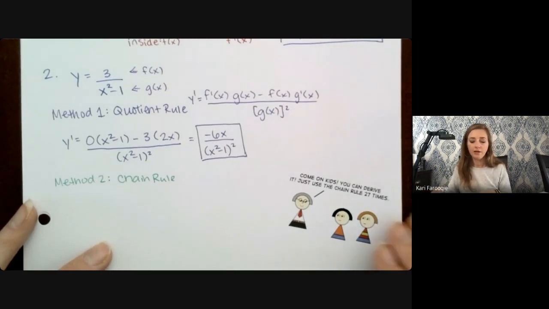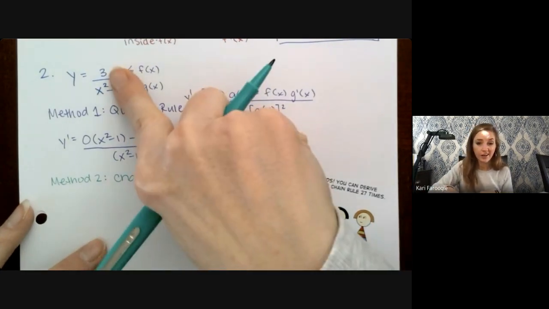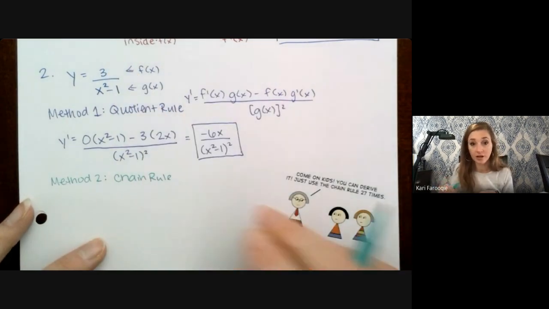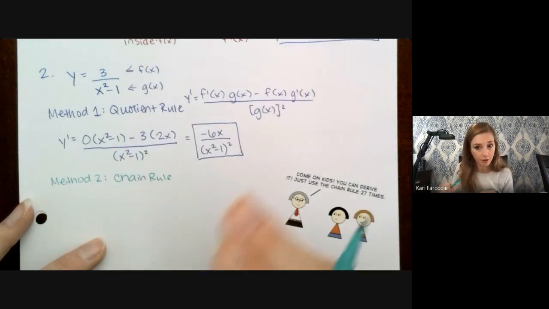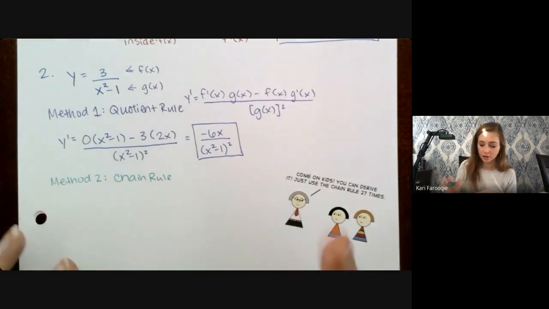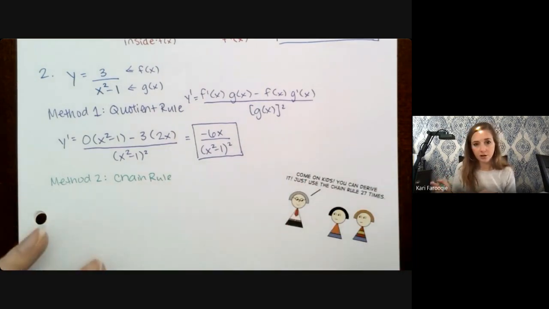Now, if I had a numerator that was 3x instead of 3, I probably wouldn't use the chain rule because then I'd be doing chain rule with product rule, and that would complicate things a little bit. But in this particular instance, I can use the chain rule because I have a constant function.